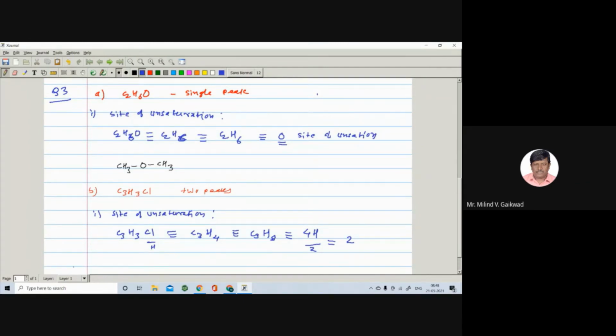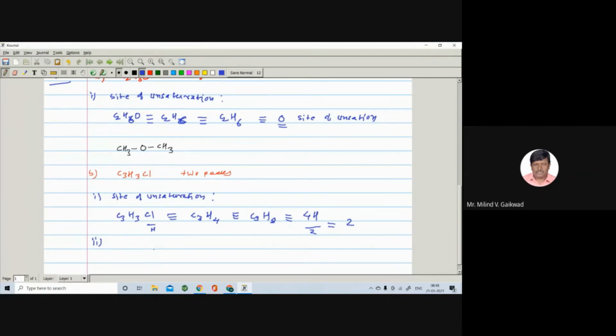So you have to write the structure in such a way that it must have 2 sites of unsaturation, and here it will satisfy 2 peaks, right? So just by trial and error method you have to write, and from the above data you can say that the possible structure may be the cyclopropane.